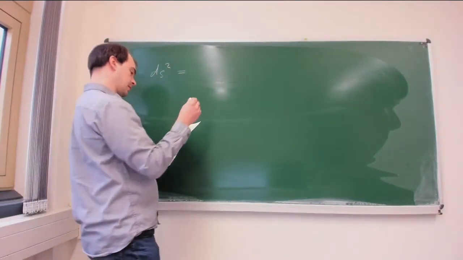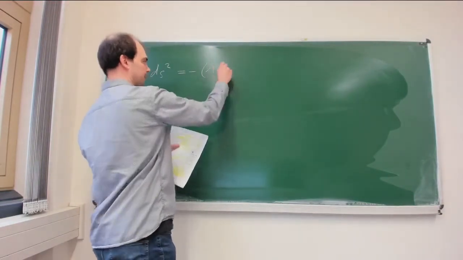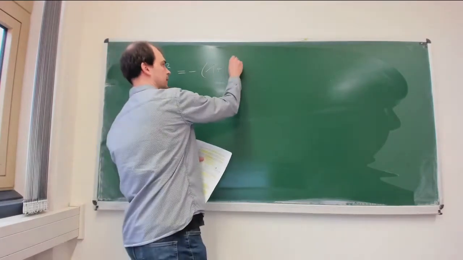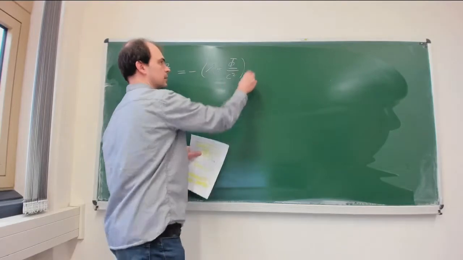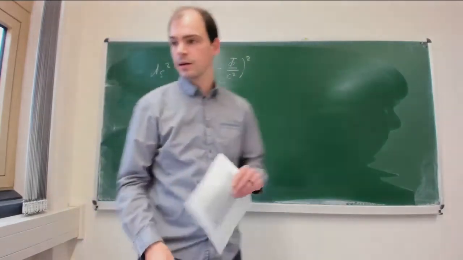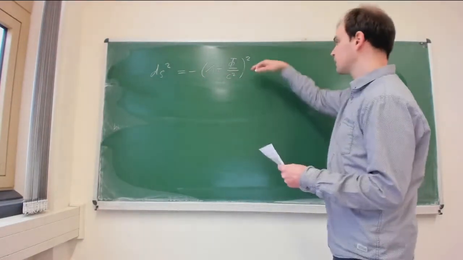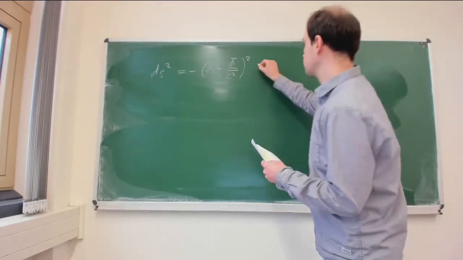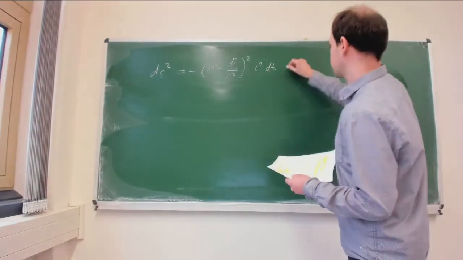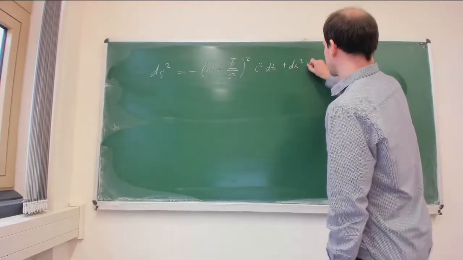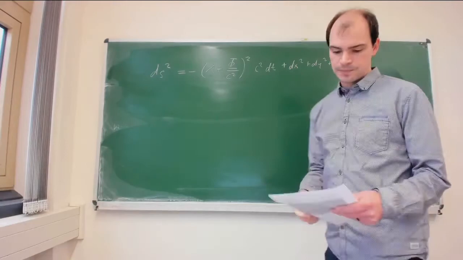So it is just minus 1 plus phi divided by c squared, up to order 1 over c to the power 4, in the time coordinate. But the spatial ones are just Minkowski. So we have plus dx squared plus dy squared plus dz squared.